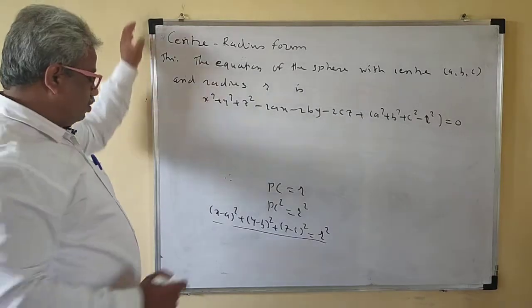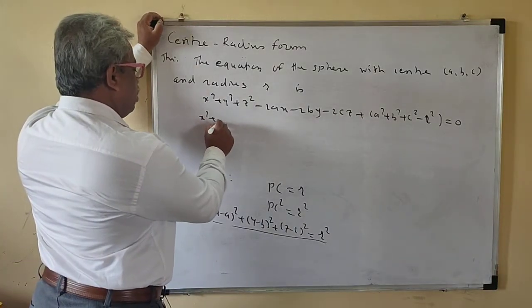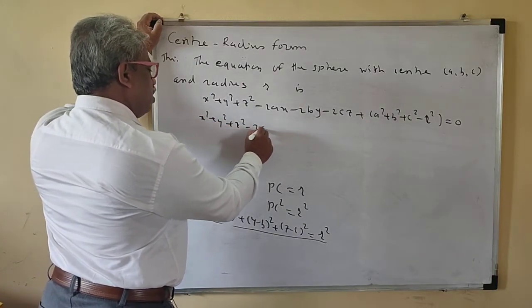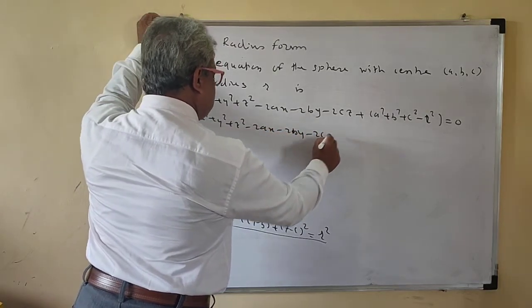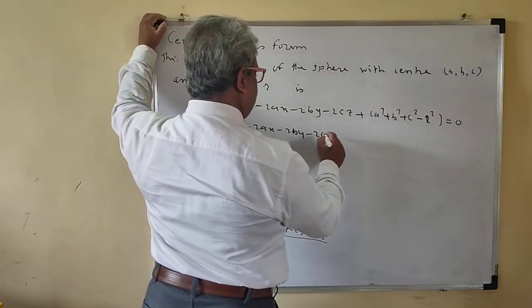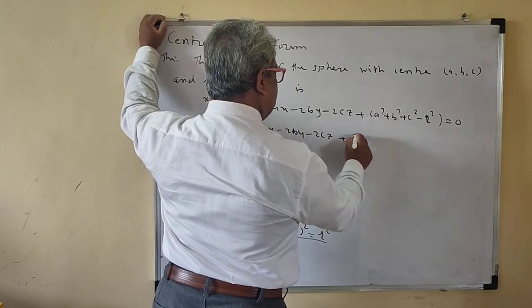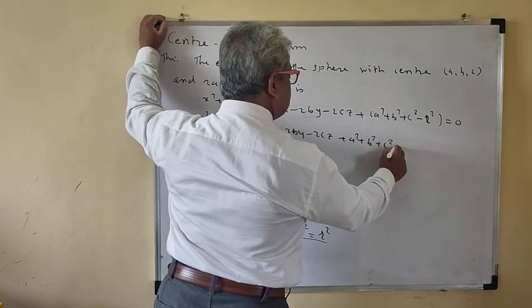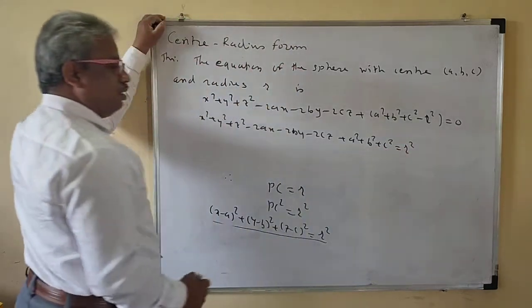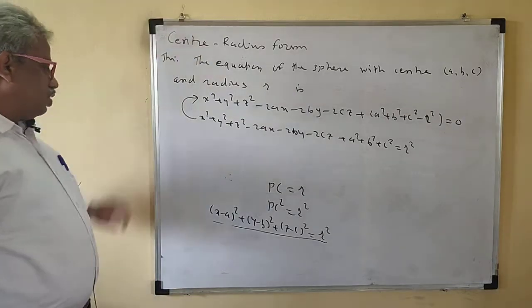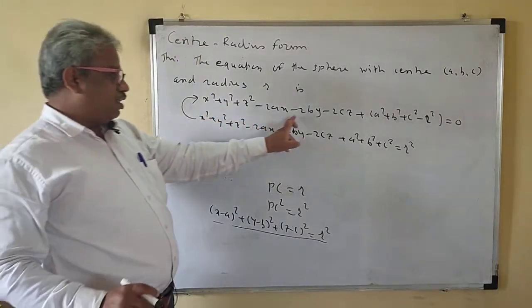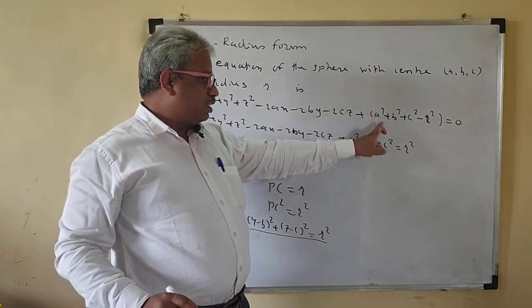If I expand this, we get x square plus y square plus z square minus twice ax minus twice by minus twice cz, plus the square terms a square, b square, c square, is equal to r square. Now we can shift this r square to the left side.